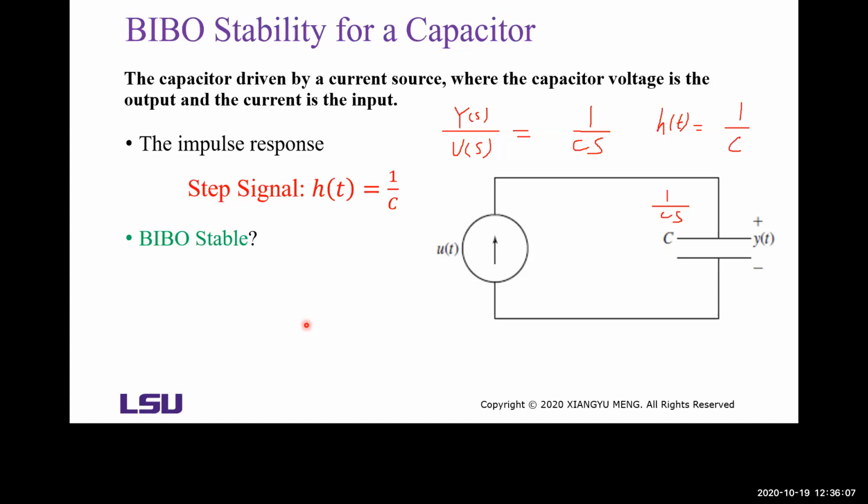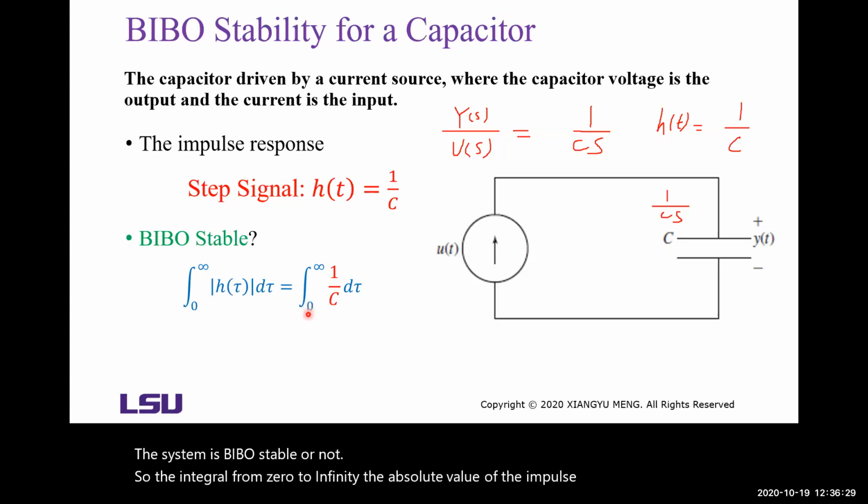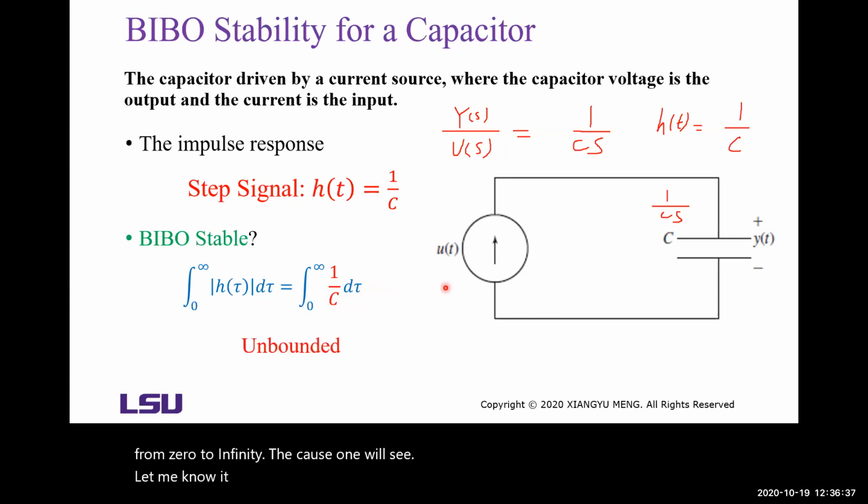Then we can use the mathematical definition to verify if the system is BIBO stable or not. The integral from 0 to infinity of the absolute value of the impulse response is the integral from 0 to infinity of the constant 1 over C. Then we know it is infinity.